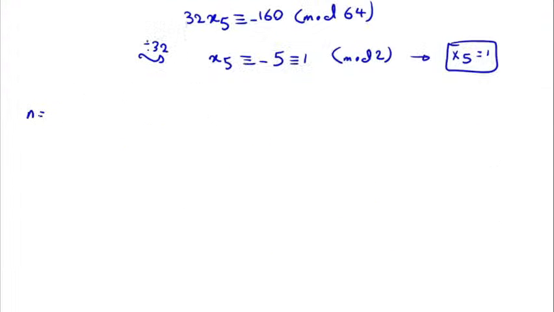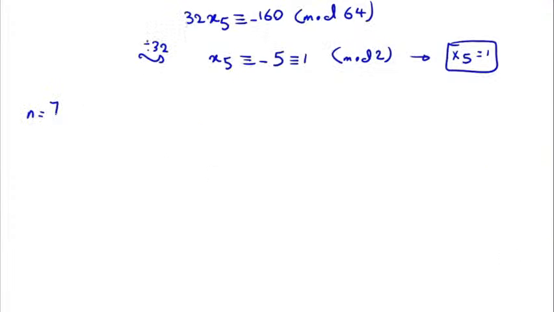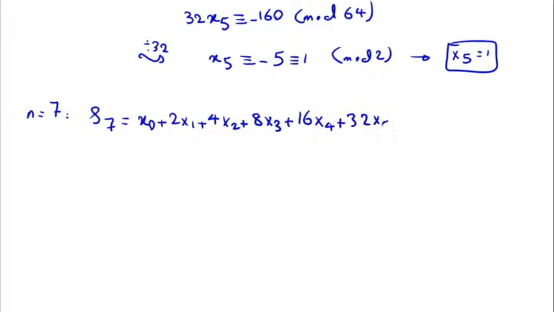So s6, if n is, we've checked up to n6, n7. Then I can say s7 is x0 plus 2x1 plus 4x2 plus 8x3 plus 16x4 plus 32x5 plus 64x6. So x0 is 1, x1 is 1, x2 is 1, x3 is 0, x4 is 1, x5 is 1, and x6 we want to calculate that.